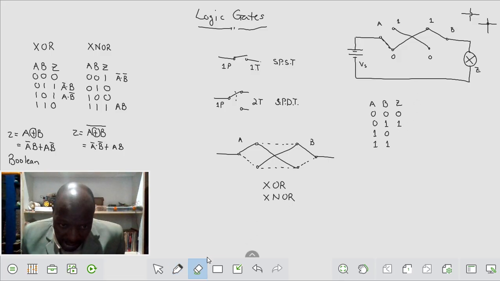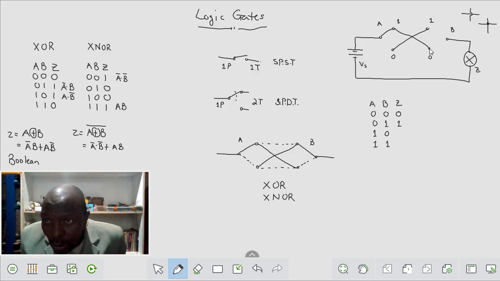Same as if we then decided that no, we will take our first switch high and our second switch low. As you can see, our circuit is continuous and therefore Z is getting power.